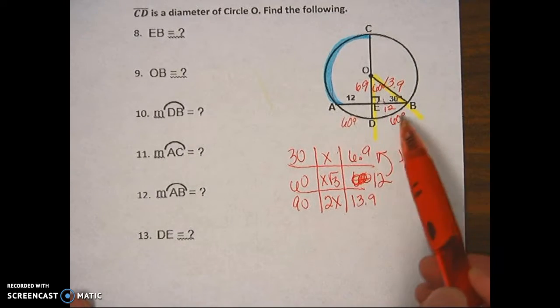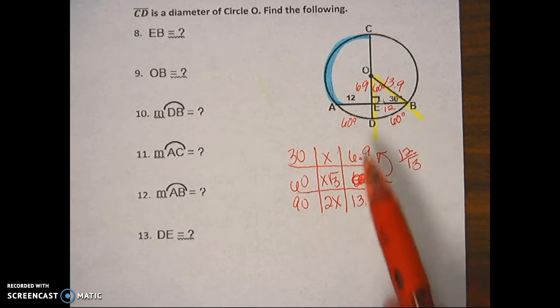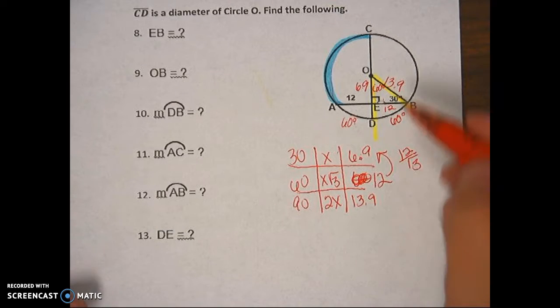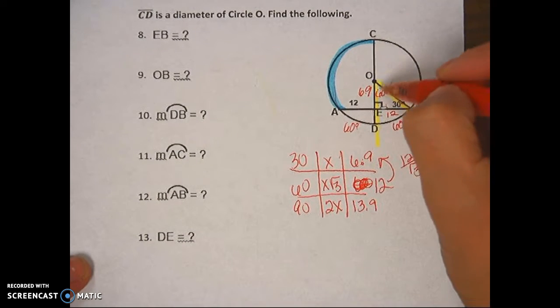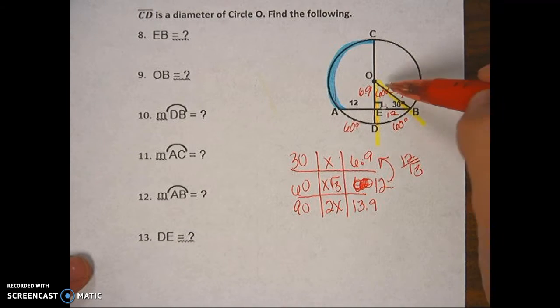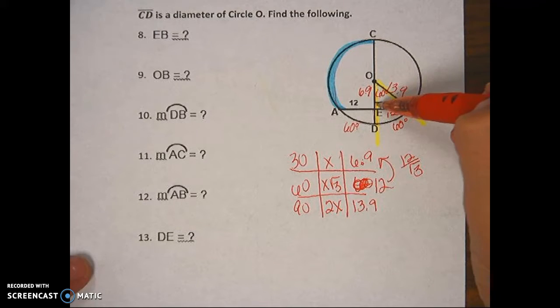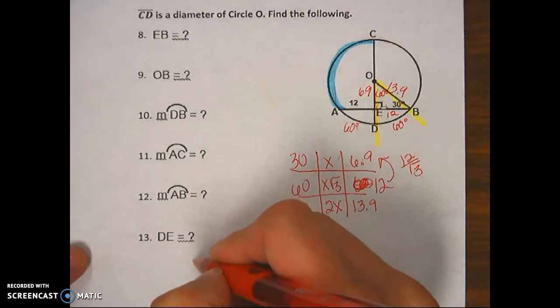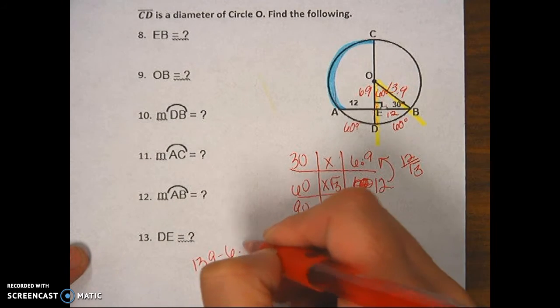AB, you could add both of these together, which would give you 60 and 60 together. And then I wanted to really point out DE, because both of these that I've highlighted in yellow are radii, which means that they are congruent. So if this one is 13.9, then DO is 13.9 as well. I know that from O to E is 6.9, so from E to D, you would just subtract 13.9 minus 6.9.